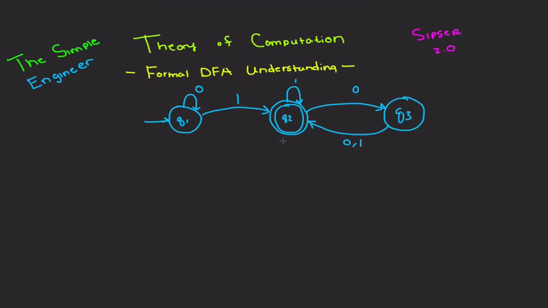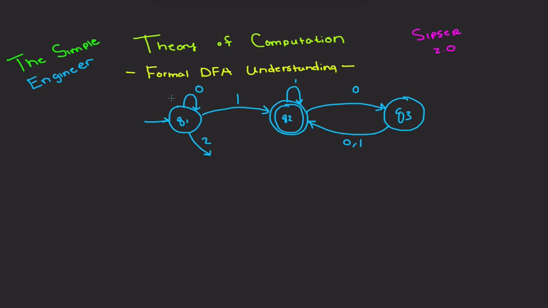Okay, so keep in mind, something that you need to understand is that for any input in Sigma, which in this case is just 0 and 1, this is the alphabet that we define, for every character in Sigma, you need to have an associated transition for that character out of each node. So if I had 0, 1, 2 in my Sigma alphabet, I would need a transition of 2 coming out of here, going to some node.